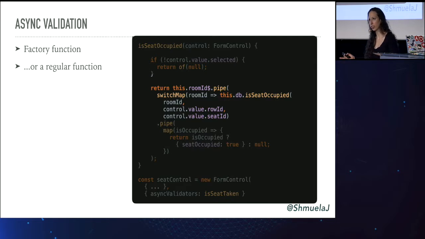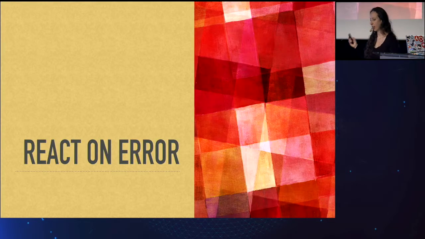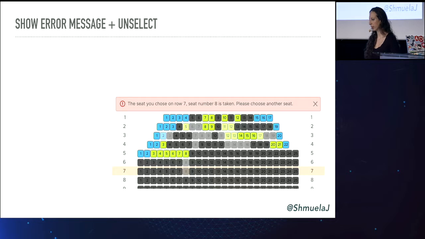So we can use that and then switchMap to the validator of whether the seat is occupied with the value inside. Now we want to react when there are errors. We want to show an error message and unselect the seat that has the error.